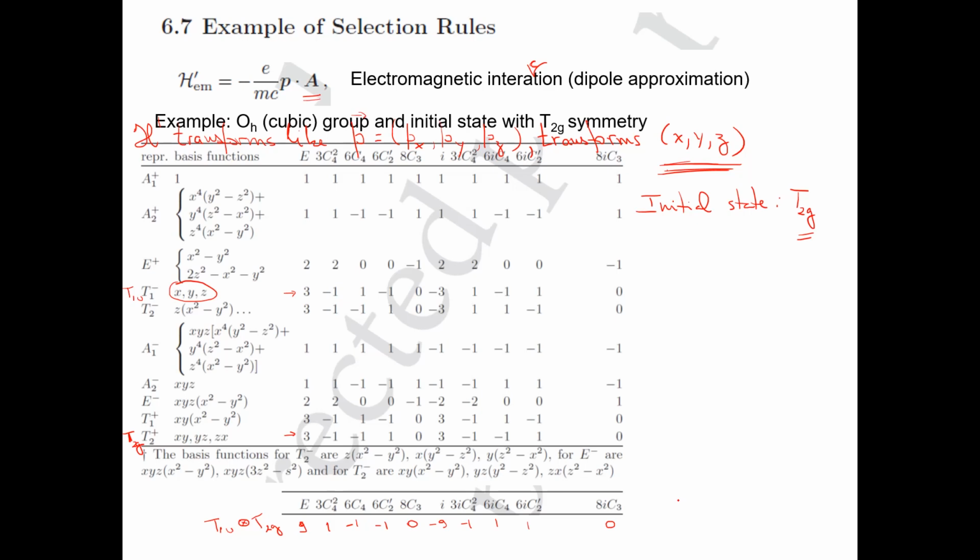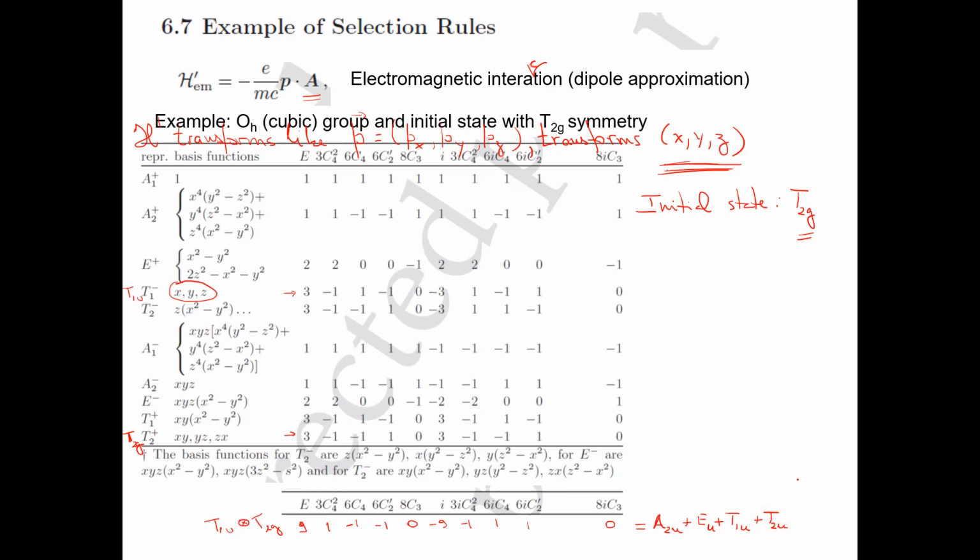Now I have to decompose it, right? I can either try to guess by looking at the character table, which in this case is not so simple, or I use the decomposition formulas that we have discussed already. I'm going to skip this part and simply give you the result, which is the sum of A2U plus EU plus T1U plus T2U.